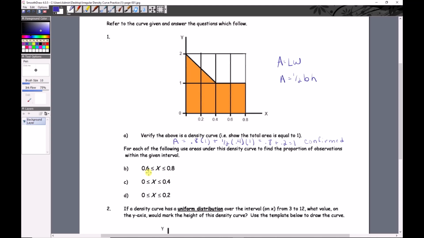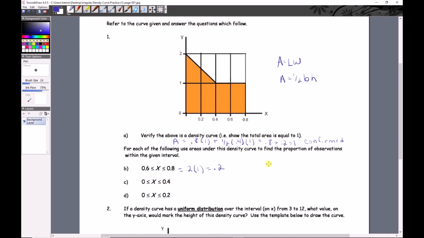So between and including 0.6 to 0.8, that's going to be this one little rectangle off here on the right. So 0.8 minus 0.6, the length is going to be 0.2, and the height right here is going to be 1. So that proportion of that entirety is 0.2, or 20% of the observations.